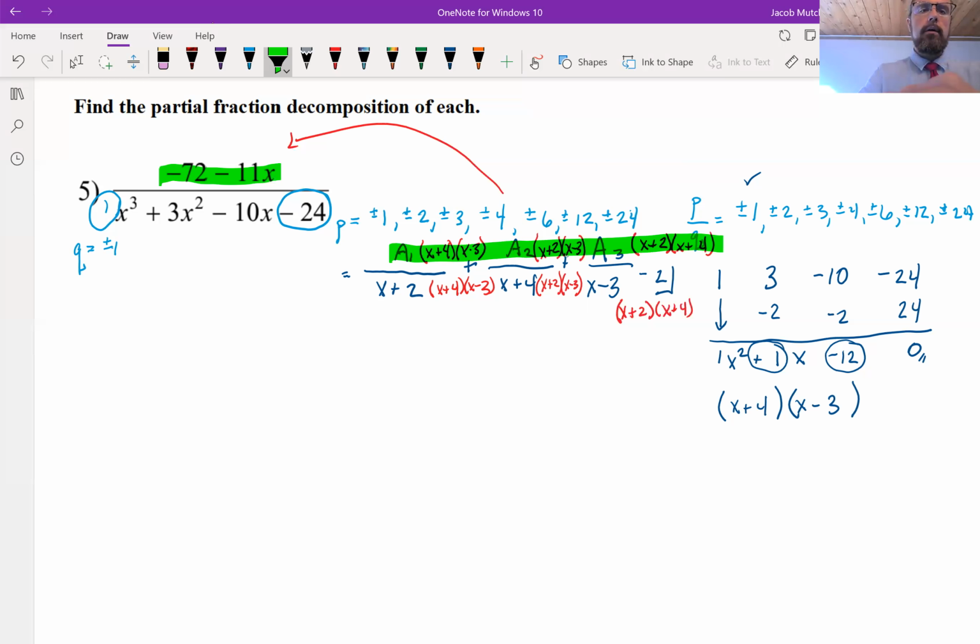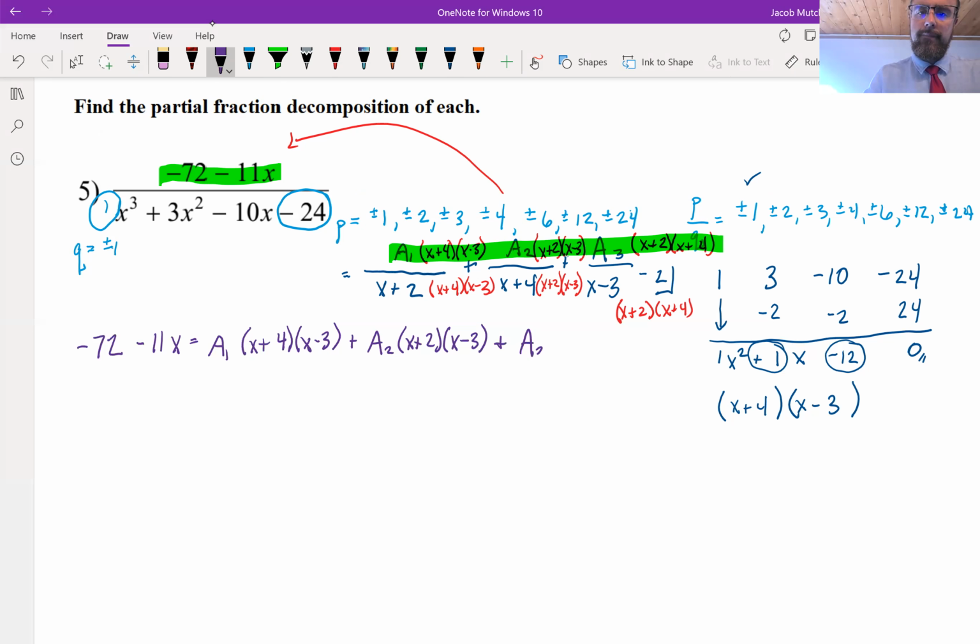So now what I'm going to record is negative 72 minus 11x equals A sub 1 times x plus 4 times x minus 3 plus A sub 2 times x plus 2 times x minus 3 plus A sub 3 times x plus 2 times x plus 4. So it's a bigger equation because I had a larger denominator polynomial. It's x cubed instead of x squared.